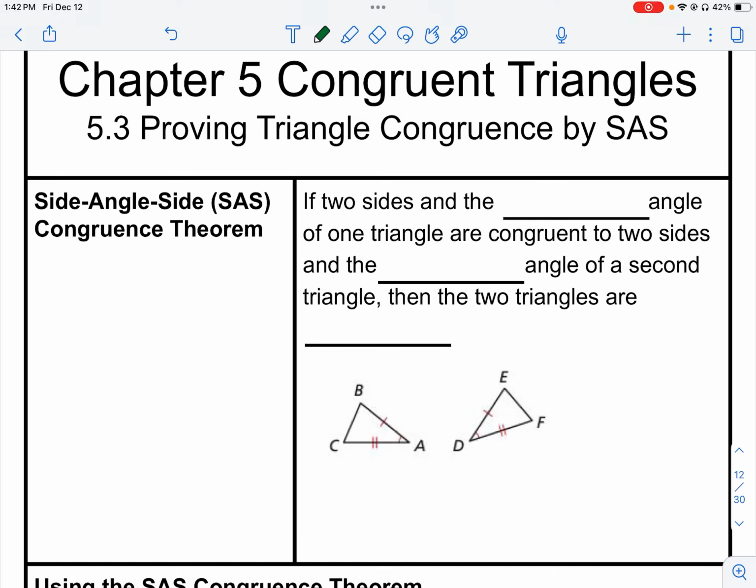All right, in this lesson, we're going to talk about the side-angle-side congruence theorem. So if two sides and the included angle of one triangle are congruent to two sides and the included angle of a second triangle, then the two triangles are congruent.